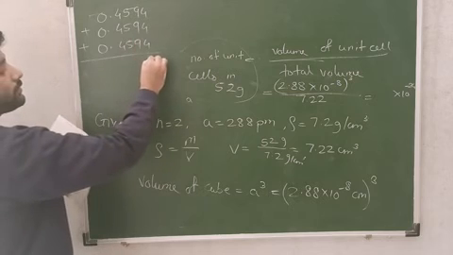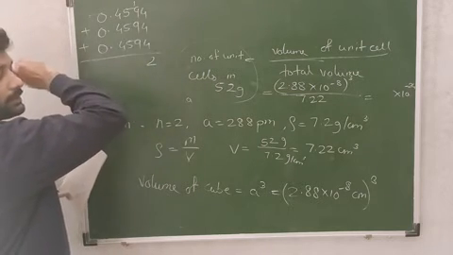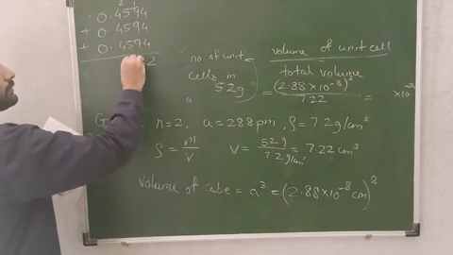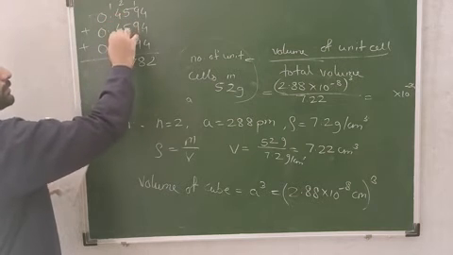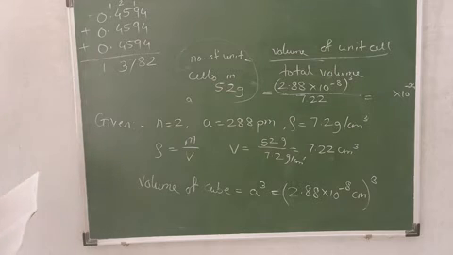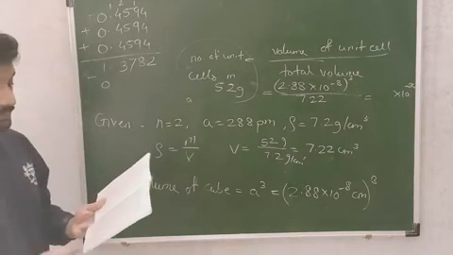That will be 12, 1 carried, 8, 17, 13, so 1.3782. That will be subtracted from the log of 7.22.